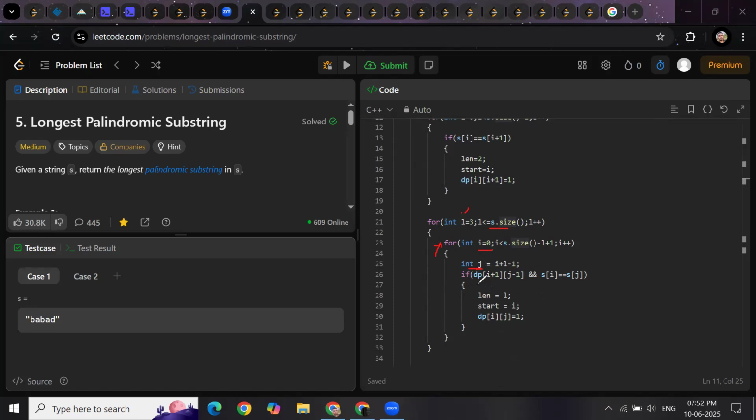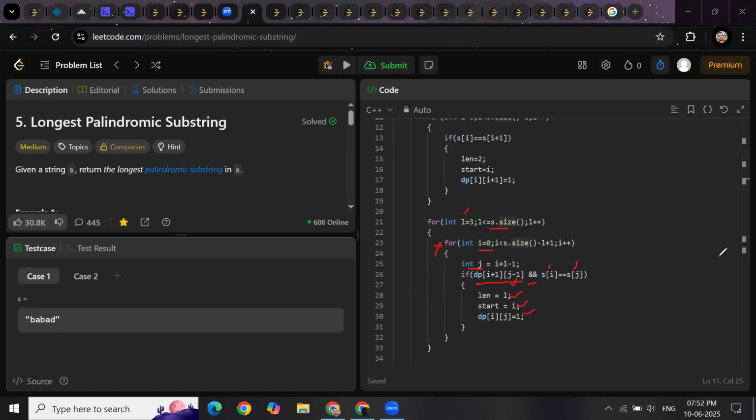So I'm checking whether the string in between of the current substring is a palindrome, and the starting and ending characters of the substring are equal, then it will be a palindrome. So I'm recording the length and the starting index of that substring and marking that substring as a palindrome.